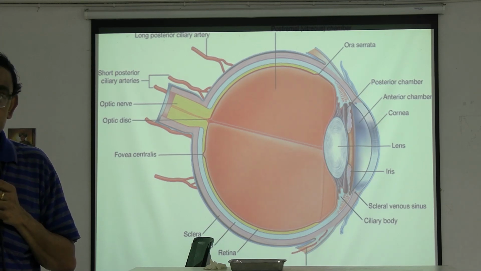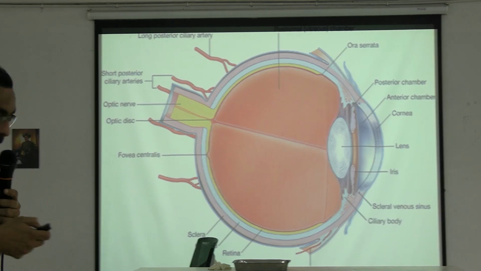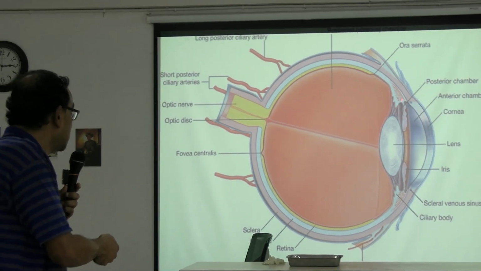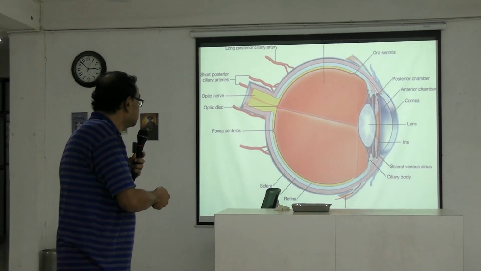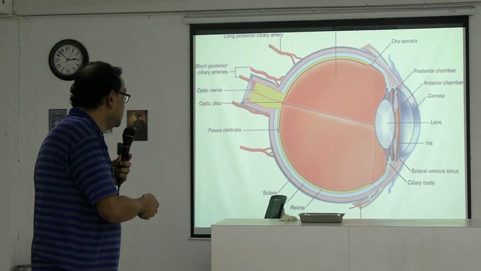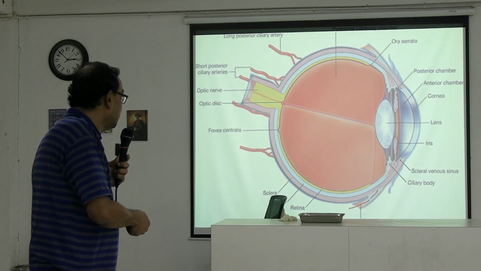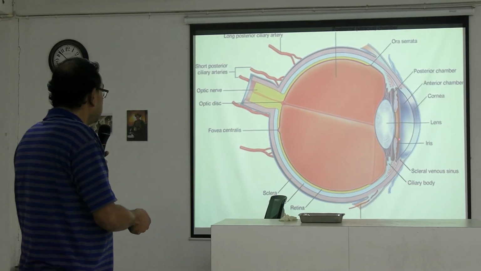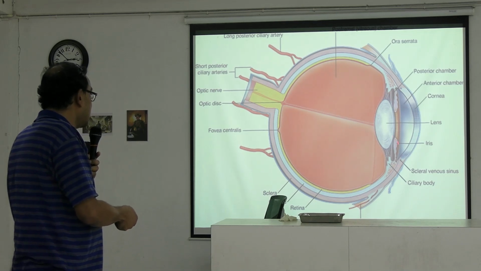The posterior one is the choroid, the intermediate one is called the ciliary body. Okay. And most anteriorly we get the iris.